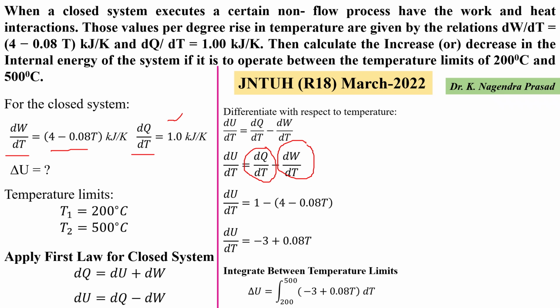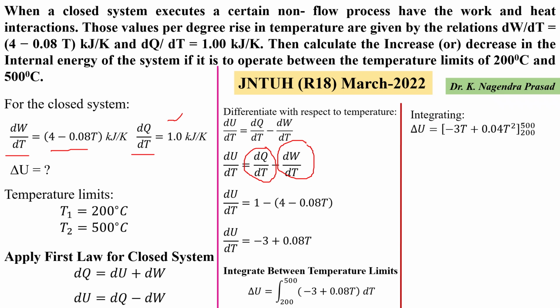Next we have to integrate between the temperature limits. So delta U equals the integration from T1 to T2, that is 200 to 500, of minus 3 plus 0.08 T dT.